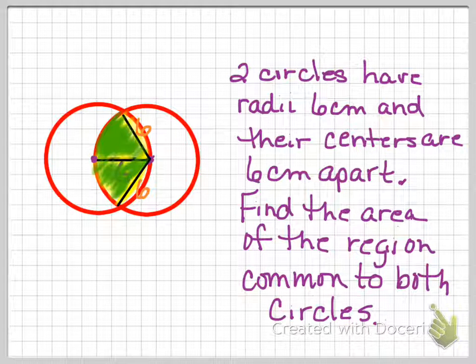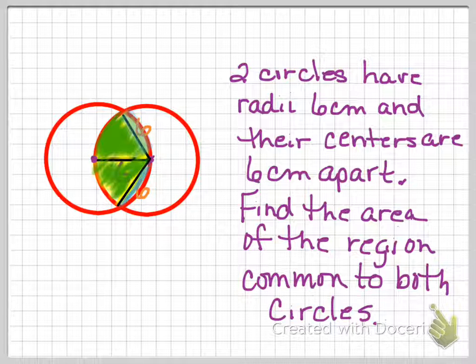And then I have this segment and this segment. I can find the areas of segments too. So, having that game plan, why don't you take a minute, pause the video, and see if you can figure out how to find the area of that shaded region in the middle. When you come back, I'll show you how I did it.